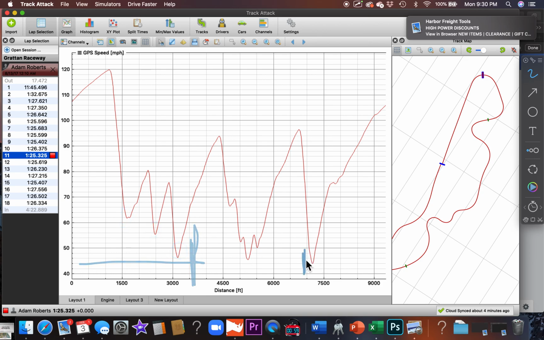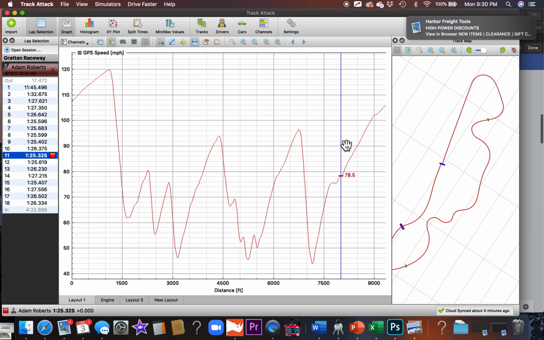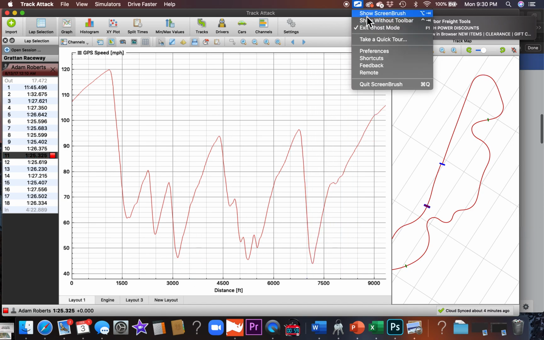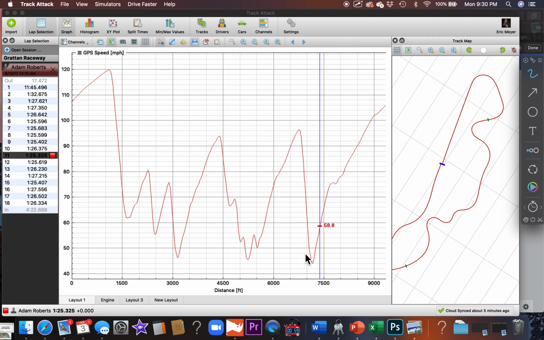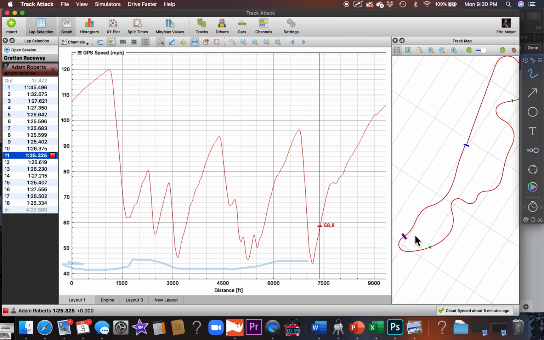Plus, we already know what this is, right? This is the end of the lap that we just talked about, right? That slow corner right here, and it's slow because it looks about 40-some miles an hour, right? That's down in here. So we know this part of the track, and we know all the way to here.